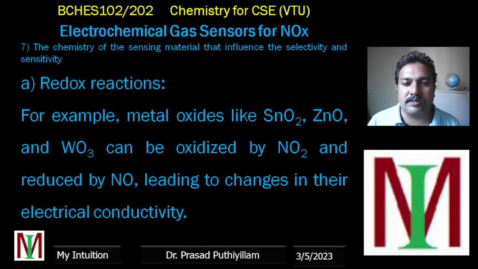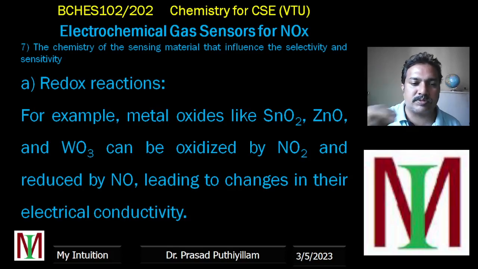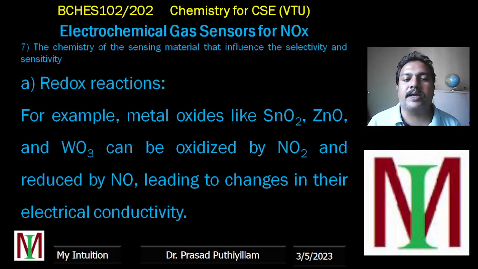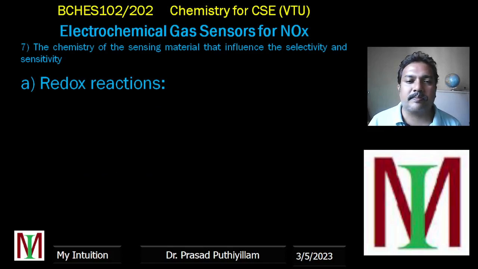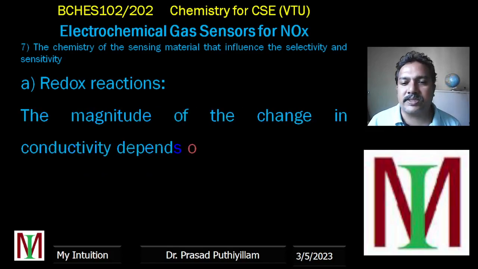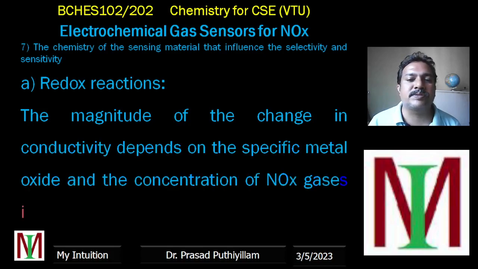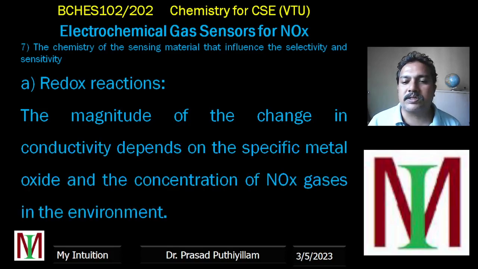This sensing material will be oxidized if NO2 comes, and NO2 gets reduced to NO, nitrogen monoxide, leading to changes in their electrical conductivity. The magnitude of the change in conductivity depends upon the specific metal oxide and concentration of the oxides of nitrogen gases in the environment.